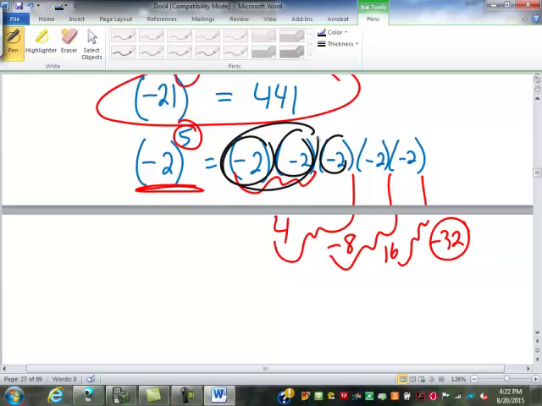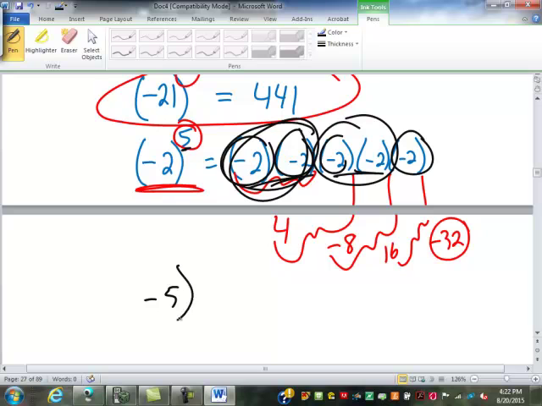Notice the negatives can pair up and cancel out to be positive. But if that's an odd power, there's one left over to make my answer negative. So if I have negative 5 to the power of 7, that answer is going to be negative. In fact, it'll be negative 78,125, something like that.